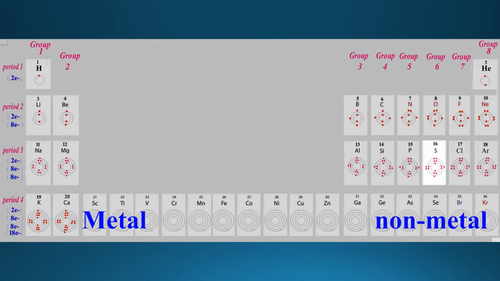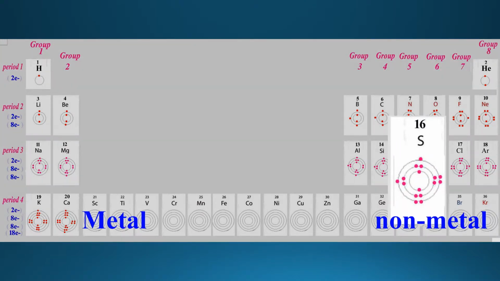Another example. Sulfur. How many protons do you have? 16. How many electrons? Should be 16. But the outside shell has 6 electrons. Octet rule, they tend to gain 2 more.